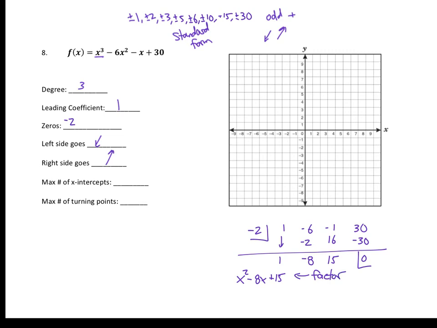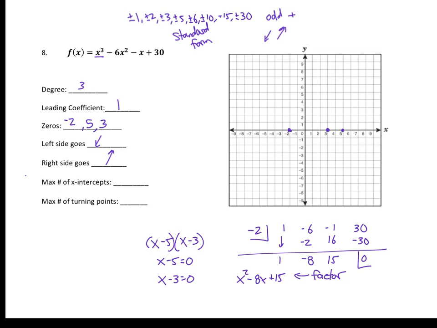We're going to factor that. X minus 5, x minus 3. Set each of those equal to 0. So then we also get positive 5 and positive 3. So positive 5, positive 3, -2.